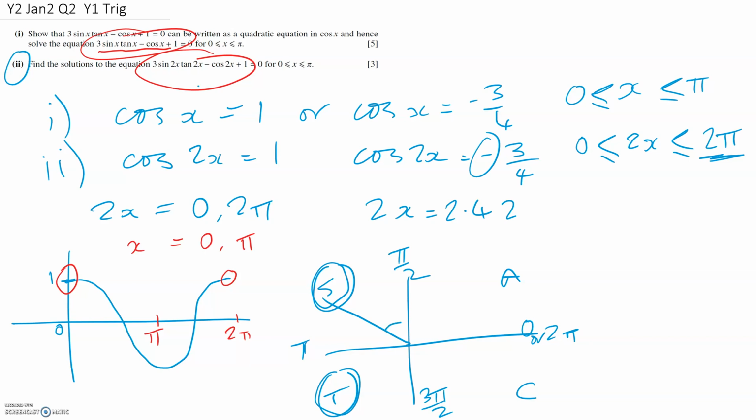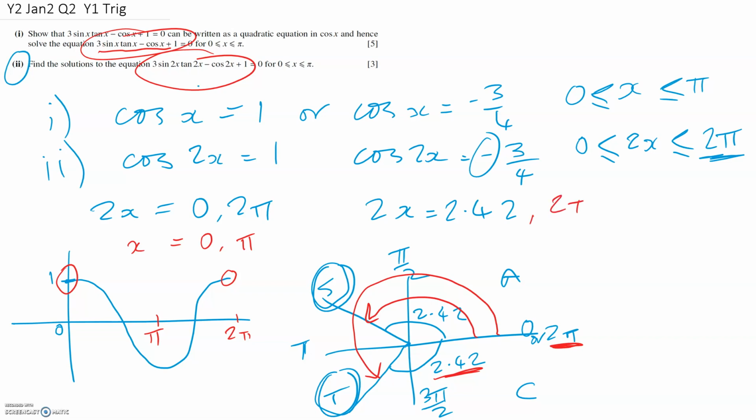Let's mark in this angle here as 2.42. We're going to need to reflect that down here because we know it's going to be in this quadrant. So this would also be 2.42, and we're interested in the range between 0 and 2 pi. We've already got 2.42 here. We carry on going round. That value there will be 2 pi minus 2.42.